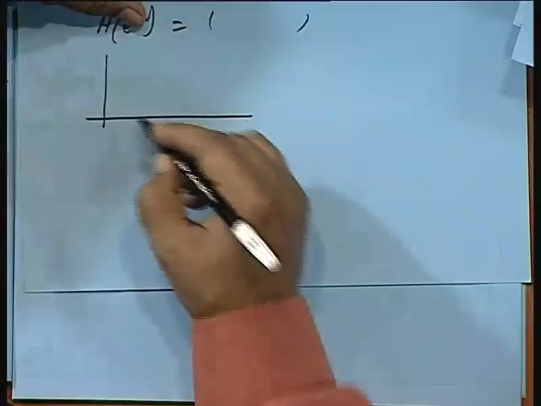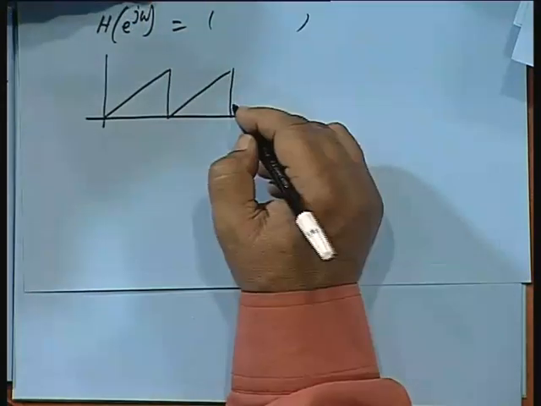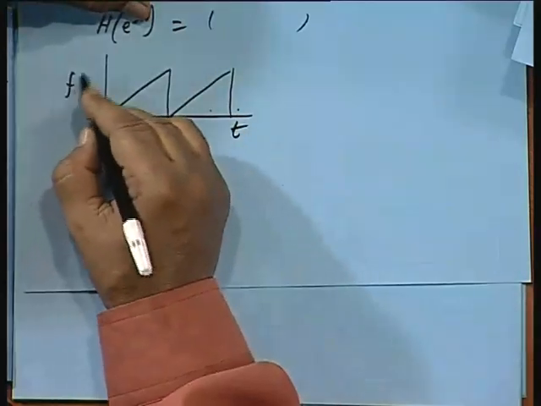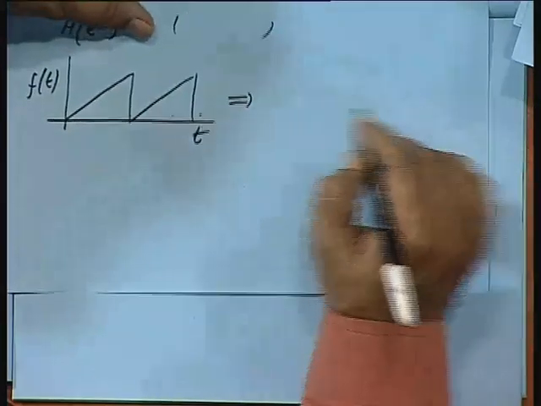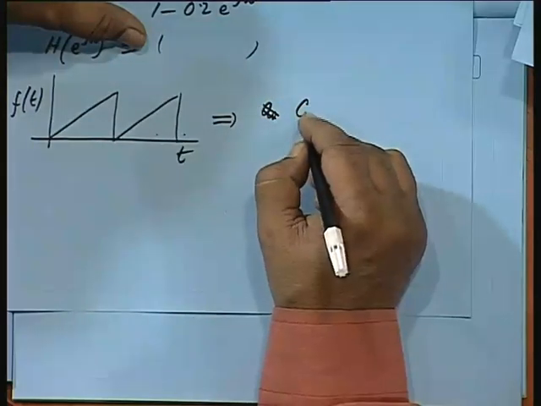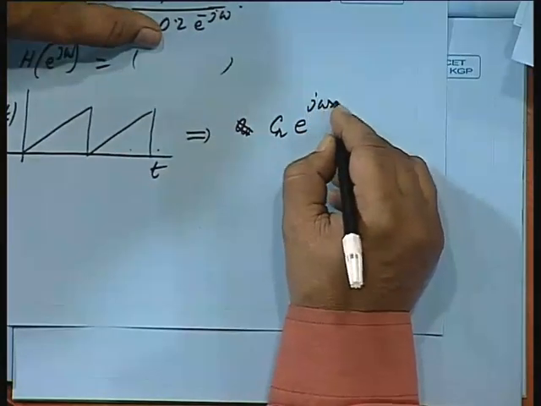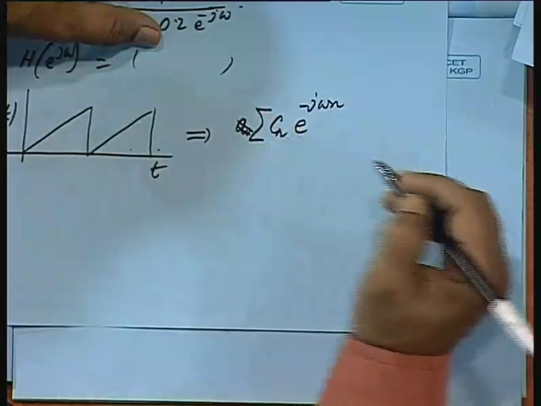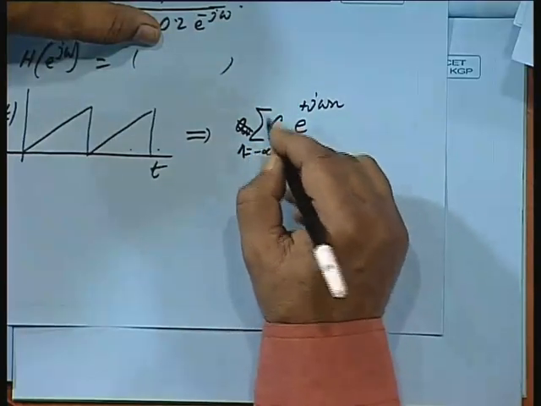In your classical Fourier series, you have seen a periodic function, any periodic function, say this is a periodic function in the time domain, can be expressed in the frequency domain as A0, I will write in a complex form, summation of Cn e to the power jωn, with n varying from minus infinity to plus infinity.